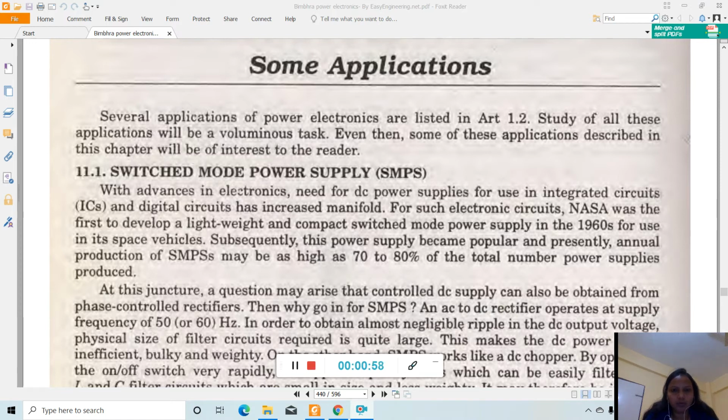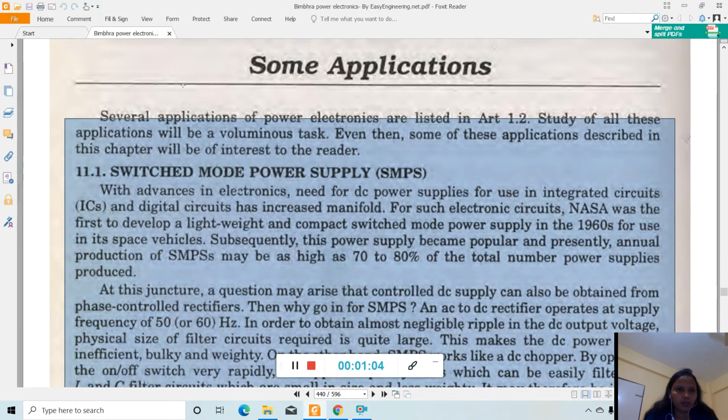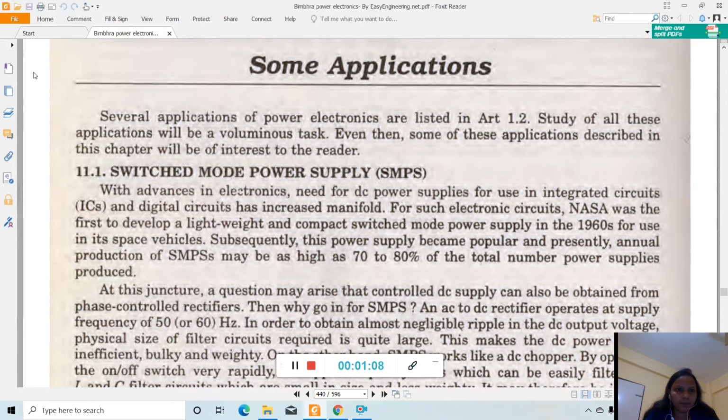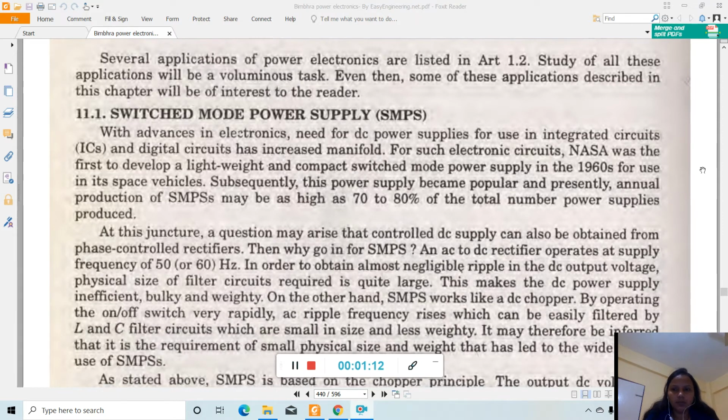So in this switch mode power supply, what happens? With the advancement in electronics, the need for DC power supply for use in integrated circuit and digital circuit has increased mainly.